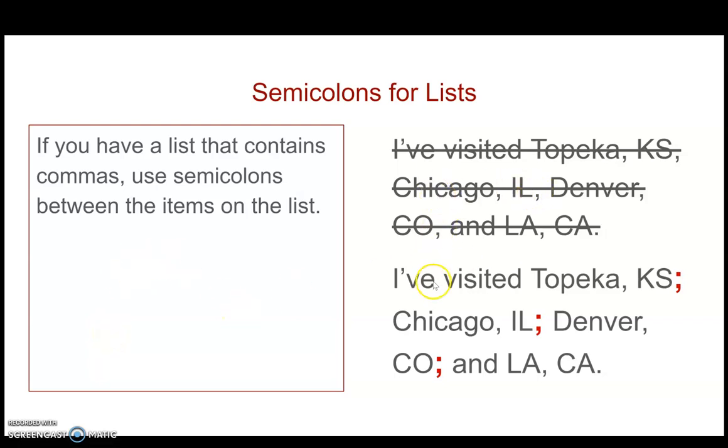So, for instance, let's say you have a number of places that you visited where you include both the city and the state. That involves all of these commas. So instead of having all of these multiple commas where we don't know exactly what goes with what, we use a comma between the city and the state and make our list using semicolons to demarcate the different items in the list.